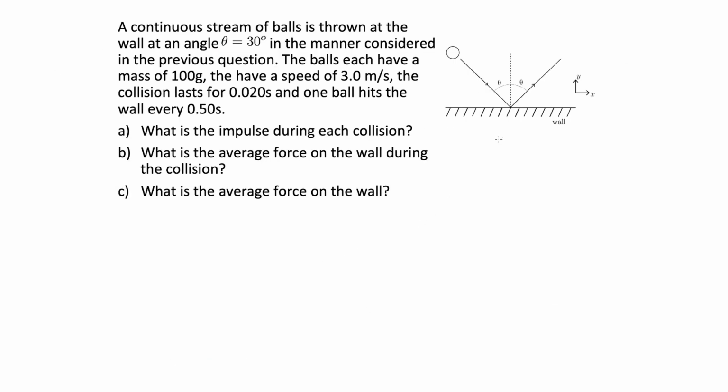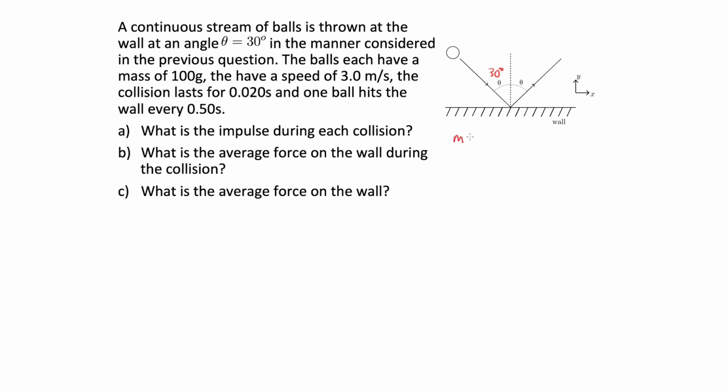Okay, so here's this question, but now we're doing it quantitatively. A continuous stream of balls is thrown at a wall at an angle of 30 degrees. So this angle here is 30 degrees. The balls each have a mass of 100 grams.